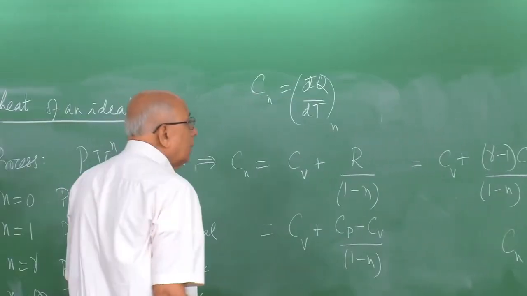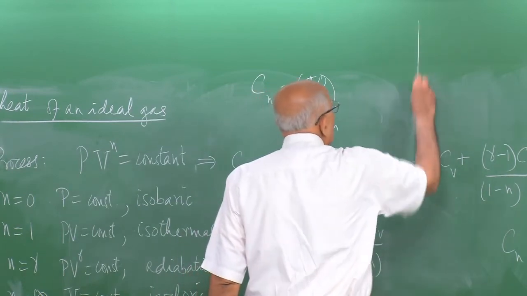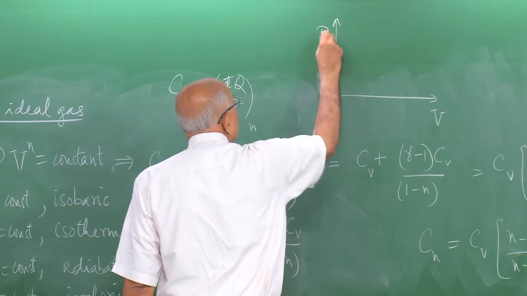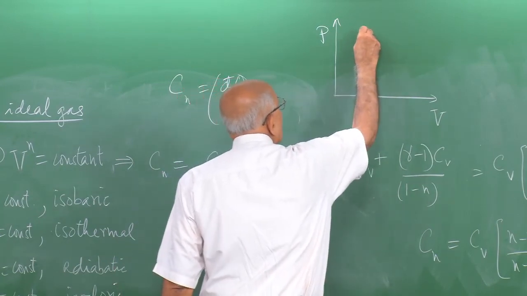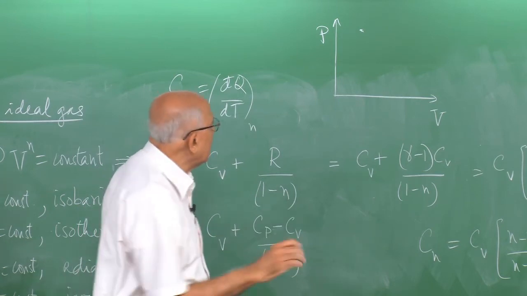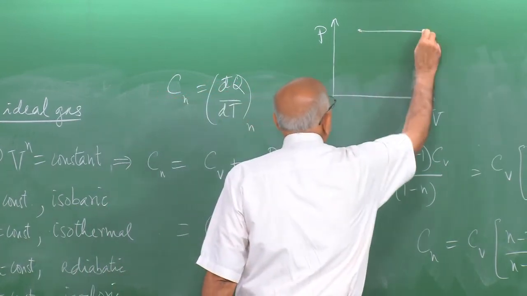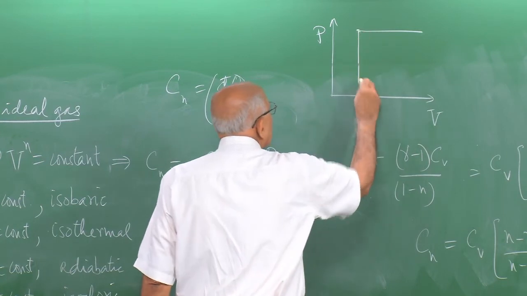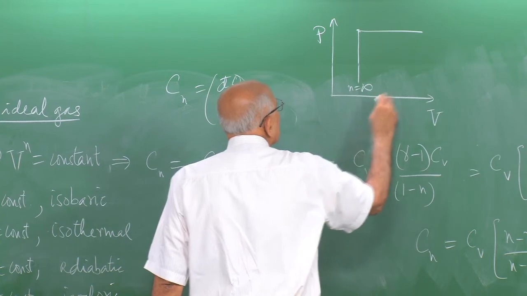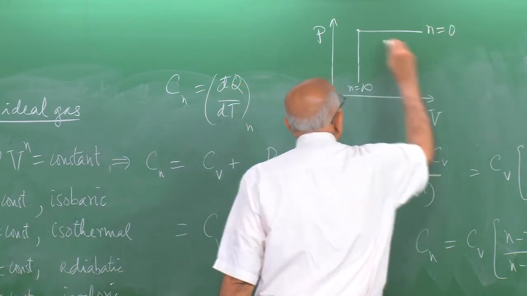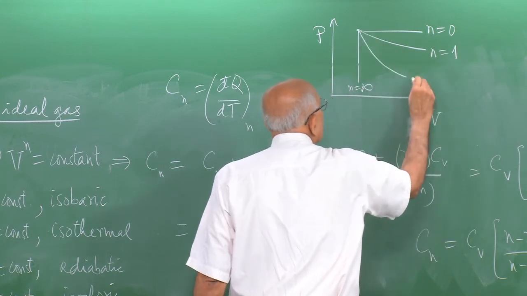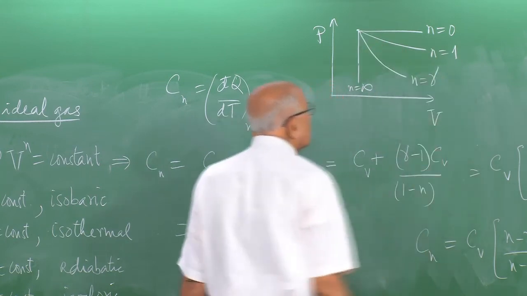So all the 4 limiting cases, to go back to the PV diagram, here is V, here is P. Remember that if I start at this point and I talk only about the part of the process where the volume increases, or remains constant, then this would be n equal to infinity, this would be n equal to 0, this is n equal to 1, and this is n equal to gamma out here.